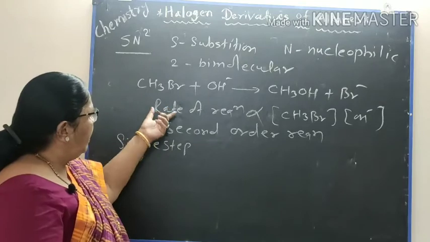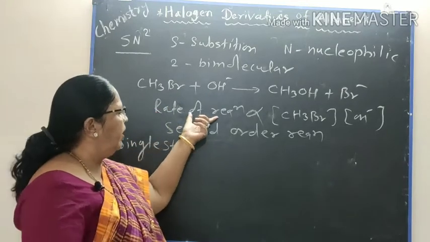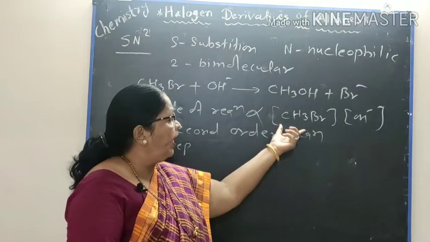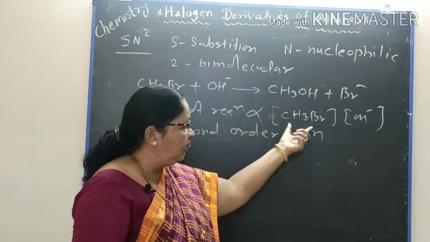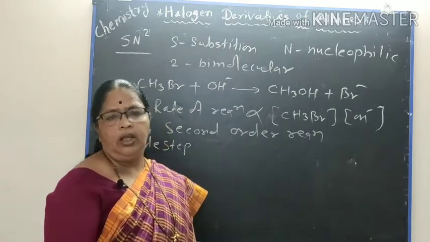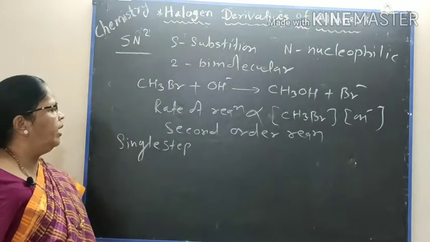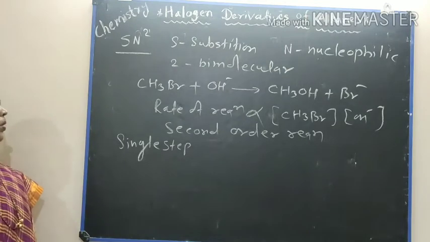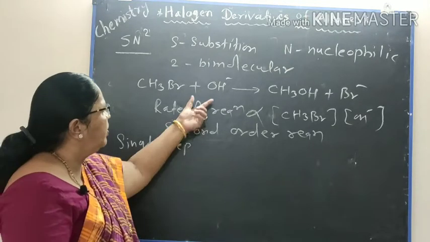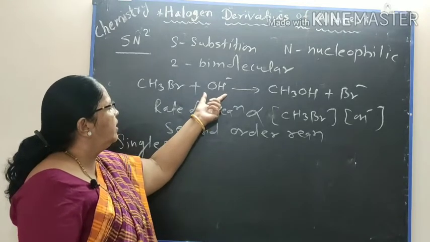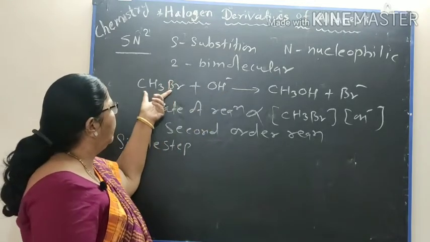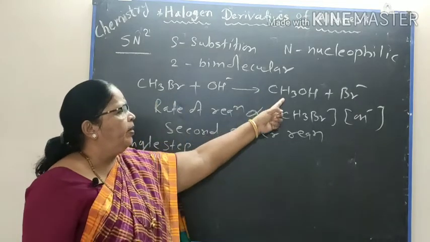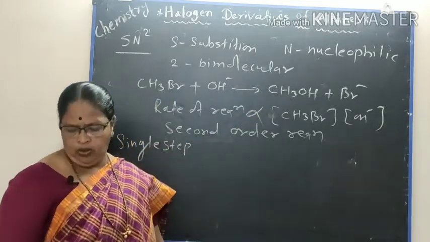It is called a bimolecular reaction because the rate of reaction depends upon the concentration of two reacting species, methyl bromide and hydroxyl ion. So it is called a bimolecular nucleophilic substitution reaction. Here the nucleophile such as OH minus substitutes for the Br leaving group in methyl bromide, and it produces methyl alcohol.